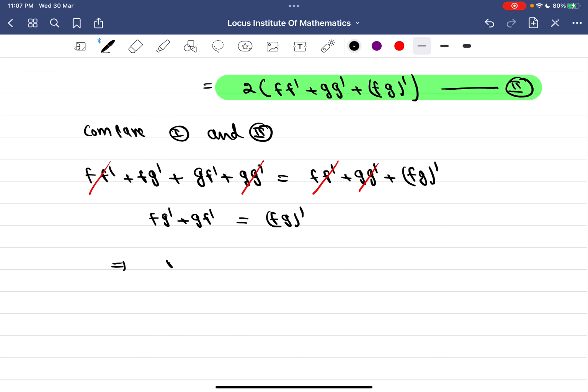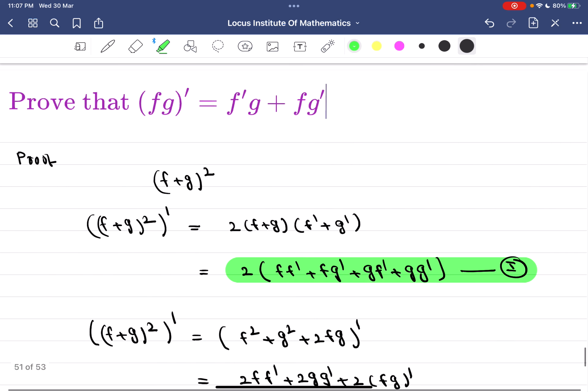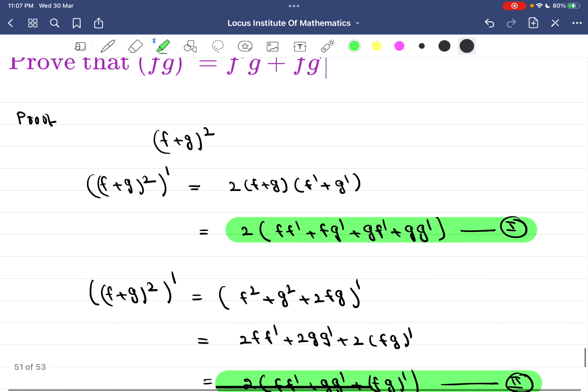That implies (fg)' is equal to fg' plus gf', hence proved. So this is the proof of the above result, that is (fg)' is equal to f'g plus gf', that is the product rule.